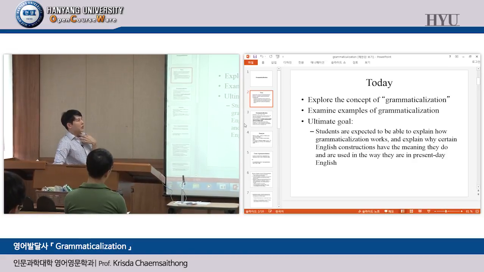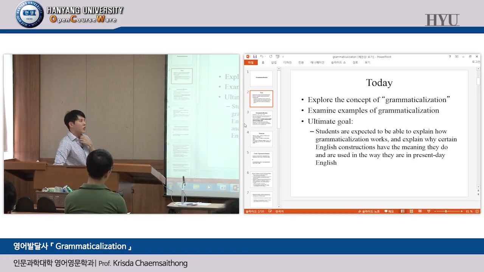And after we finish this, you should be able to explain how grammaticalization works and explain why certain constructions have the meaning they do. The reason why I separate this out as a topic is because I think it has explanatory power for you to understand many things that otherwise you wouldn't be able to explain from what we call a synchronic point of view.